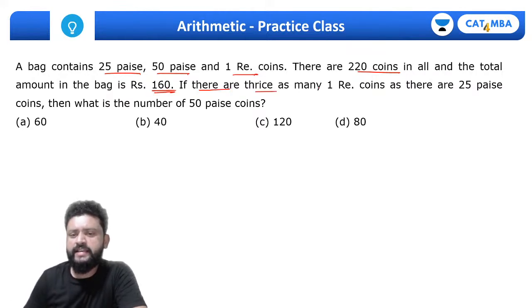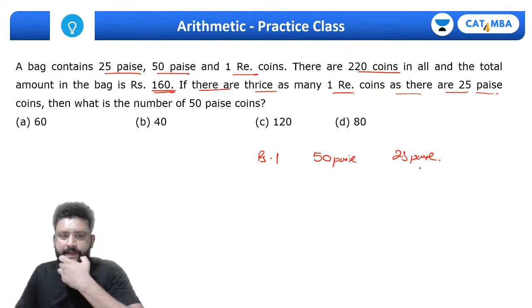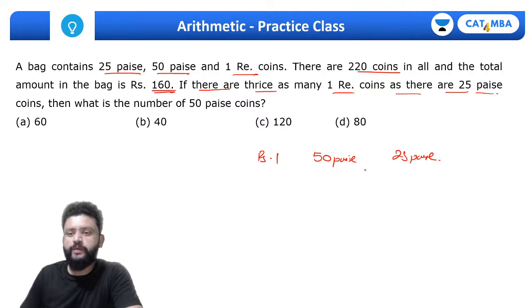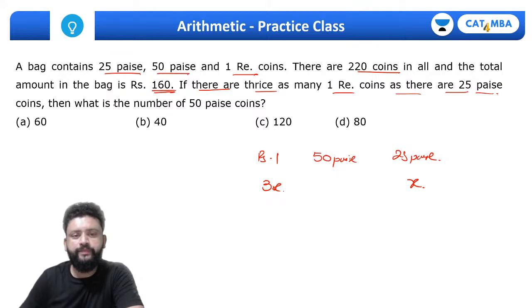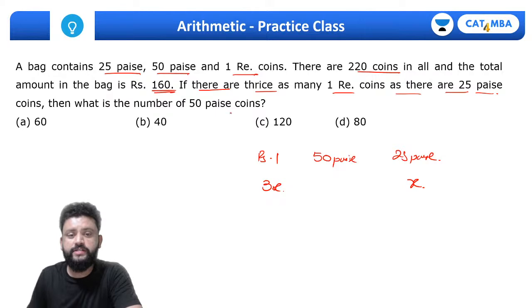There are thrice as many 1 rupee coins as there are 25 paise coins. So if it is x coins, this has to be 3x coins. Then what is the number of the 50 paise coins?